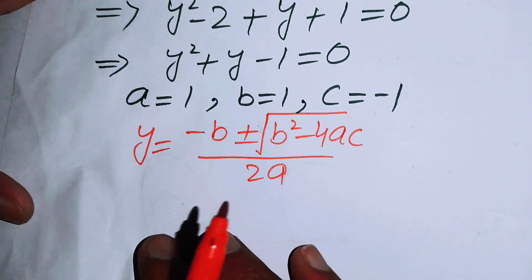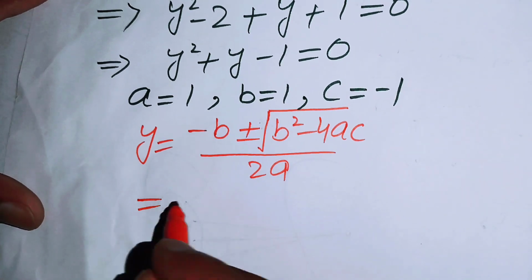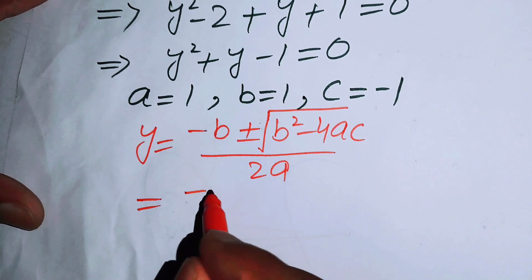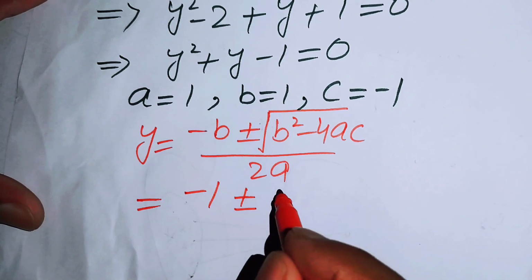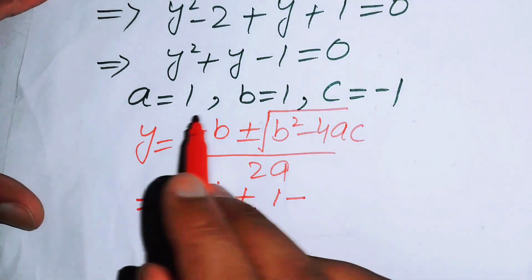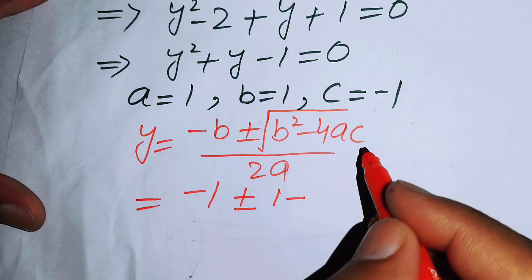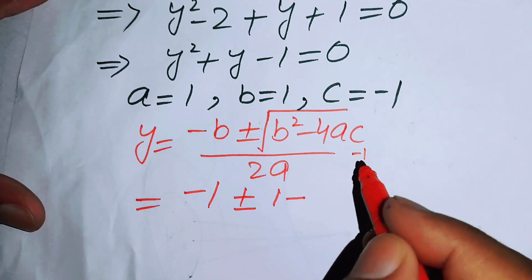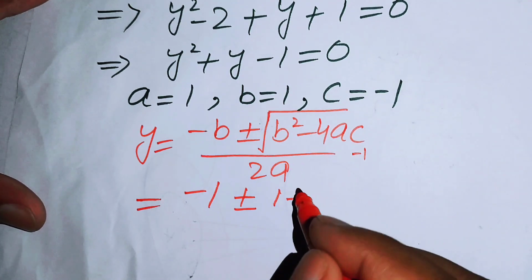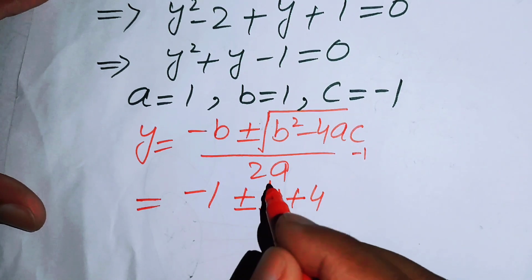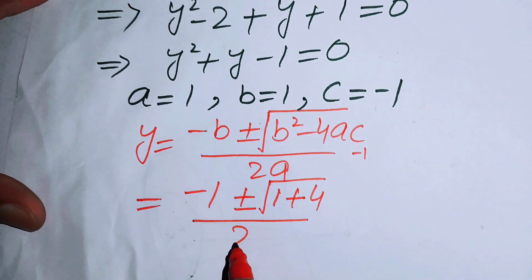And now we can put all the values of a, b and c in this formula, and you obtain minus 1 plus minus square root of 1 minus 4 times a and c. Here the value of c is minus 1, so minus and minus becomes plus 4, and its square root over 2.